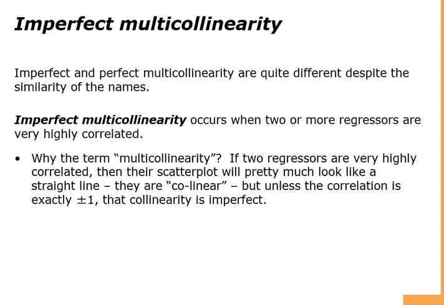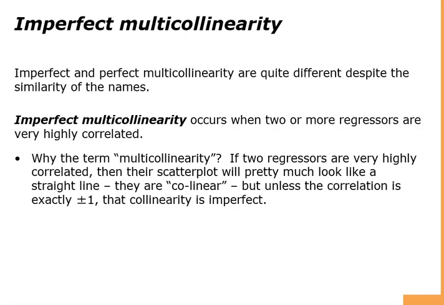Now, if you look at the economic theory of the relationship between these two variables, usually if there is a higher percentage of immigrant families, it will also mean that there is a higher percentage of English learners in the school district.